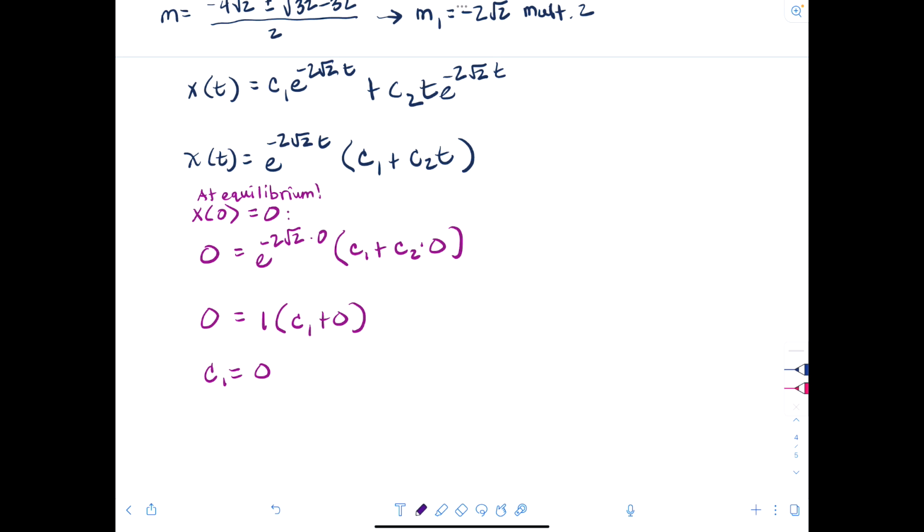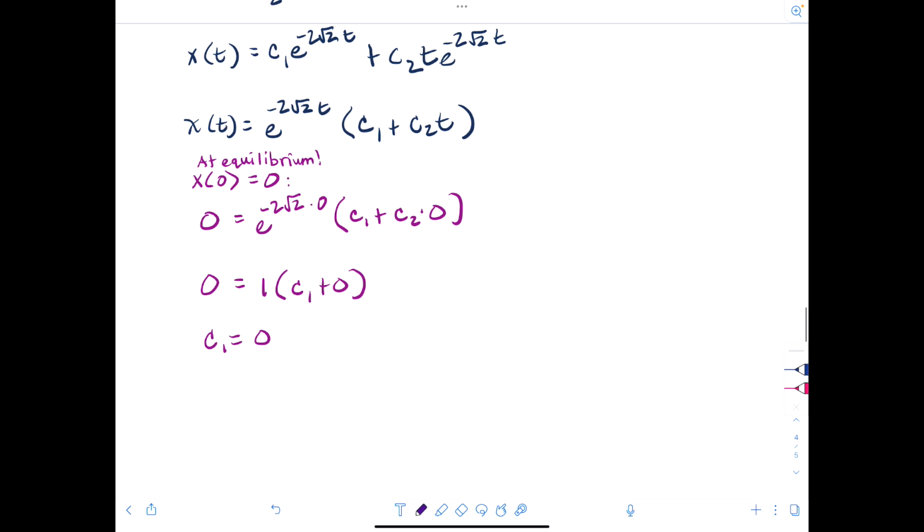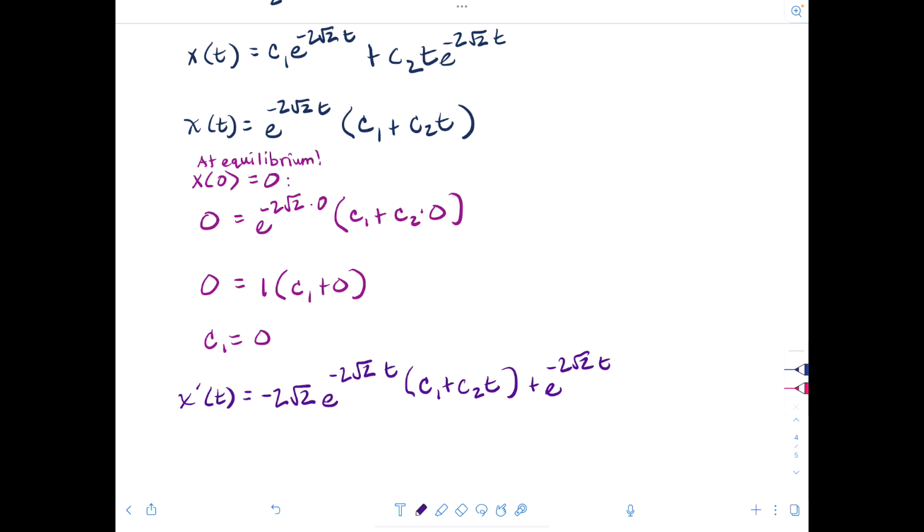All right, now let's find x prime at t. So x prime at t will be negative 2 root 2 e to the negative 2 root 2 t times c1 plus c2t, and then plus e to the negative 2 root 2 t times the derivative of what's inside, which will just be c2.